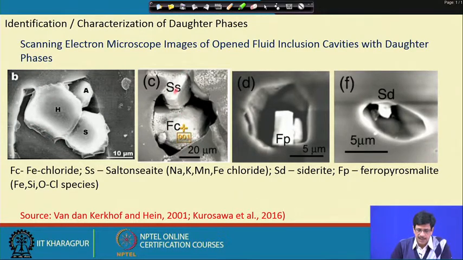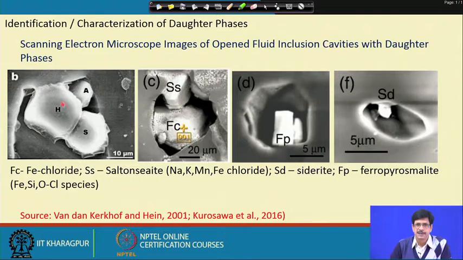This shows an inclusion cavity with iron chloride, and something like Salton Sea, named after the geothermal system Salton Sea, which is sodium, potassium, magnesium, iron chloride, and this is an inclusion which is ferropyrosmalite, an iron, silicon, oxygen, chlorine species, and this is a siderite. Sometimes there are many phases which we can identify or label as unidentified phase.